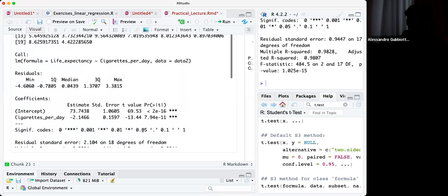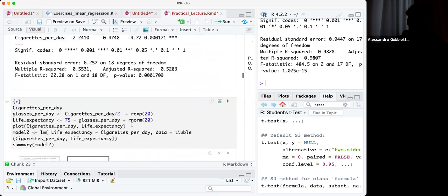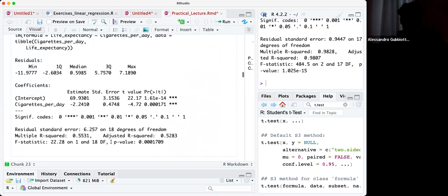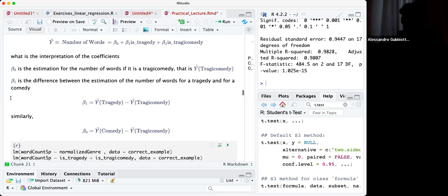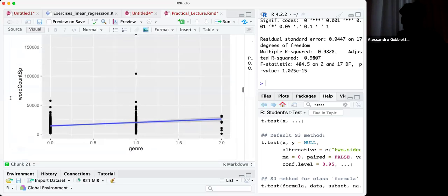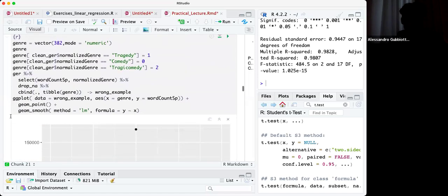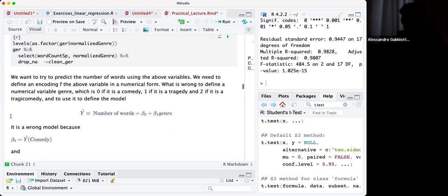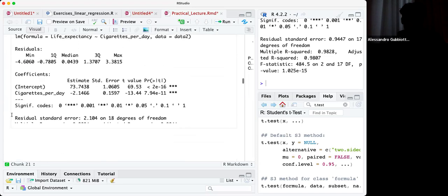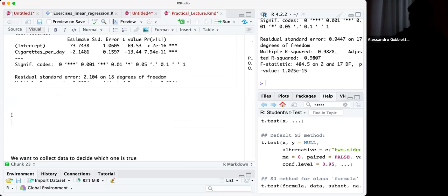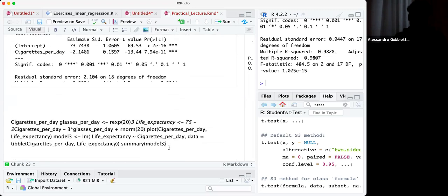Instead, if we take the same code, but for the model in which there is a real effect of cigarettes per day on the life expectancy, we go here. Where was it? Here.